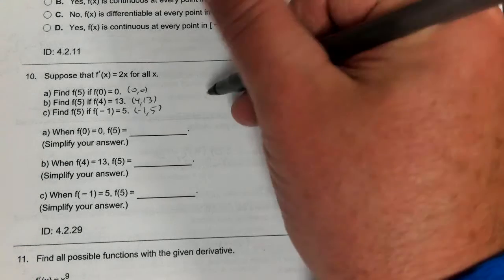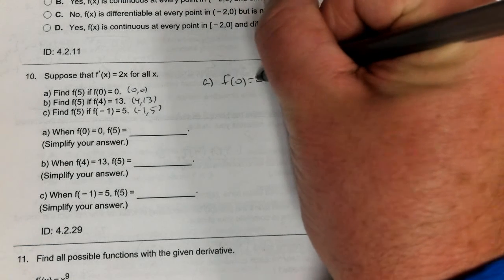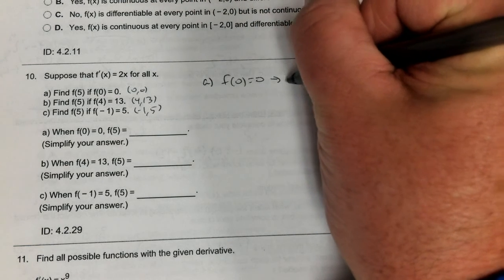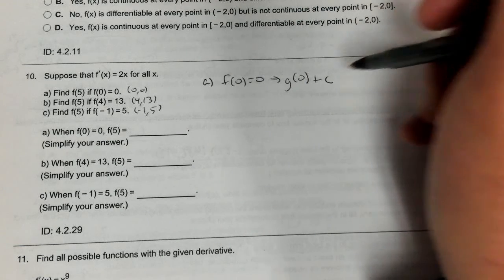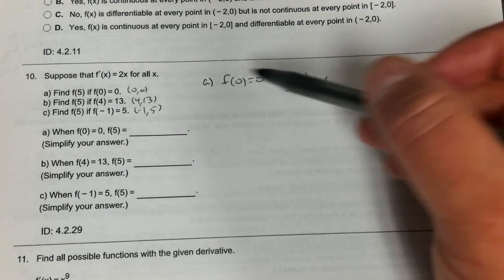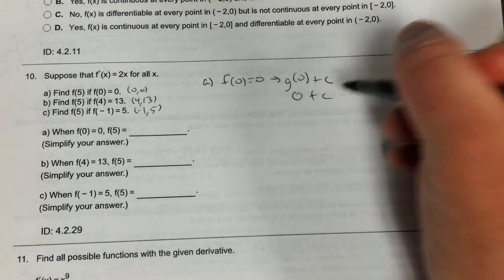So for part A, f of 0 equals 0 implies you're going to have g of 0 plus c, and we already know that would be 0 plus c.